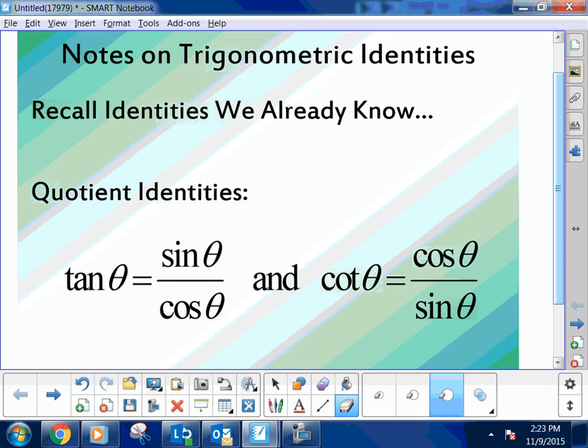We are going to use this to our benefit so you could solve certain trig functions. Now, one thing I do want to add, I kind of want to add two additional ones that are equivalent to these.